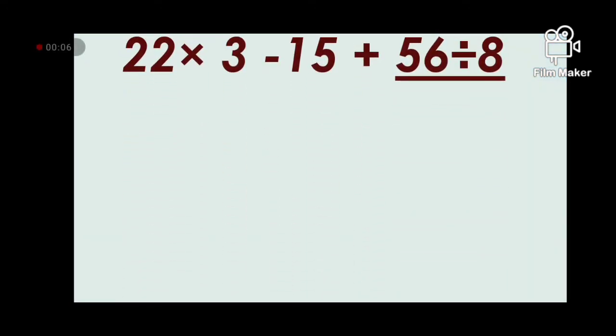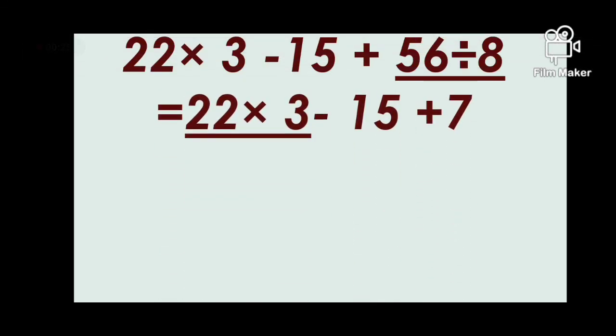22 multiplied by 3 minus 15 plus 56 divided by 8. According to rule number 2, we have to divide first. 56 divided by 8 is equal to 7. 8 sevens are 56. 22 multiplied by 3 minus 15 plus 7.